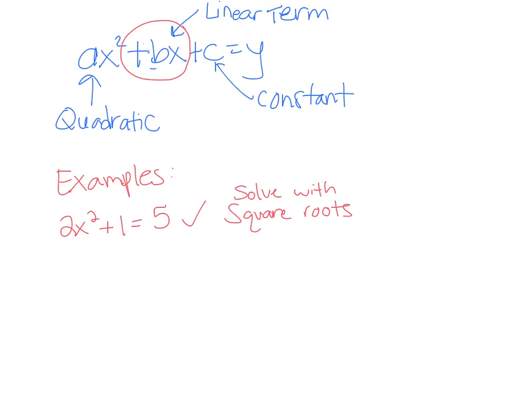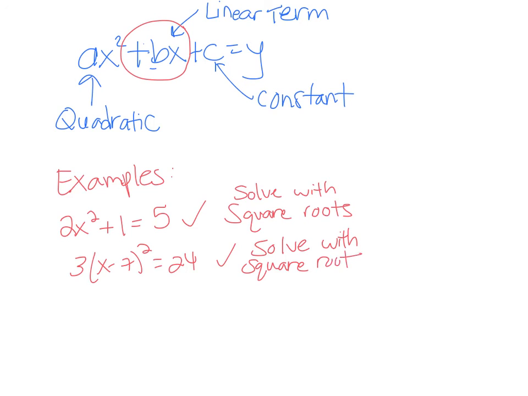We can also do things like this, where you've got something squared. Again, isolate the squared term, square root, and solve. But do not start attempting to use square roots to solve every quadratic you see, because it will not work if you have a quadratic that looks something like this.